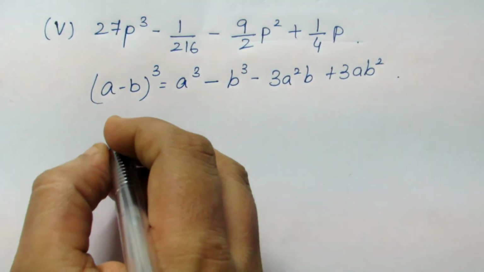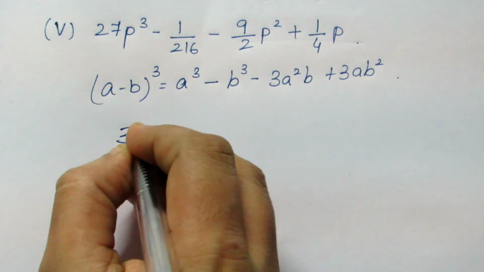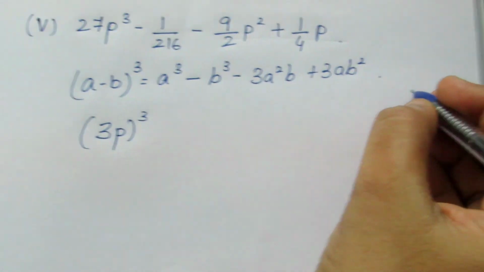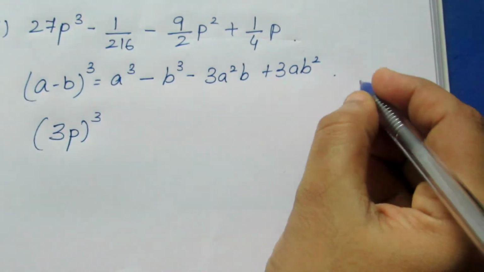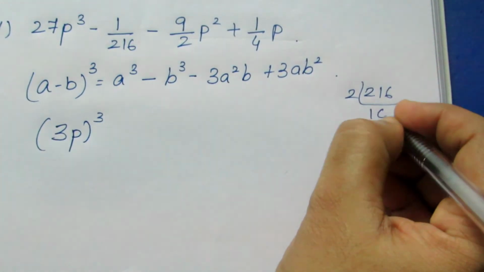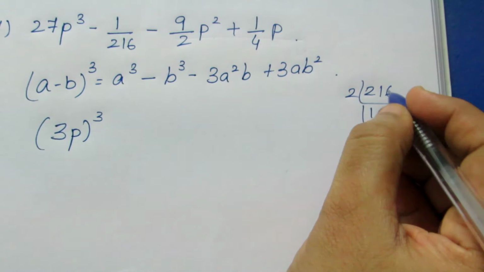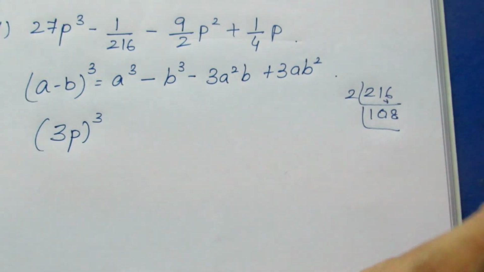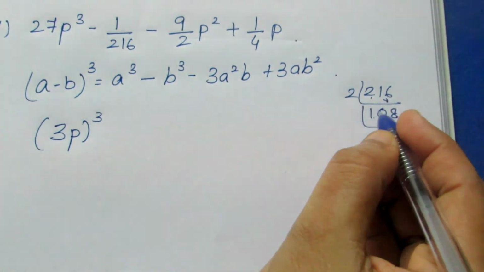Now for 27, we have already written it is 3p the whole cube. For 216 we'll prime factorize. If I prime factorize: 2 ones are 2, 2 8s are 16, not 18.